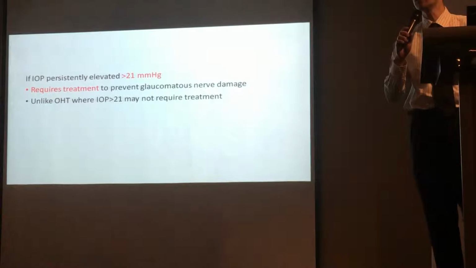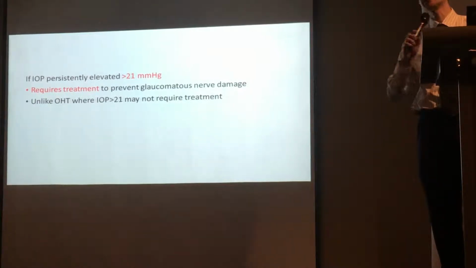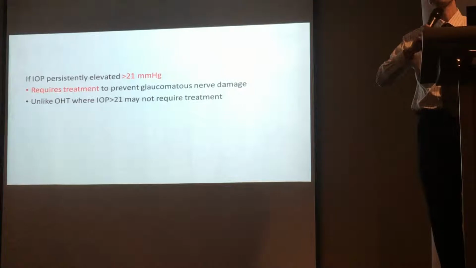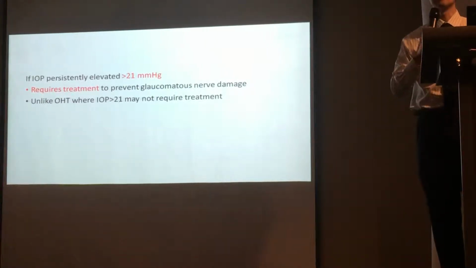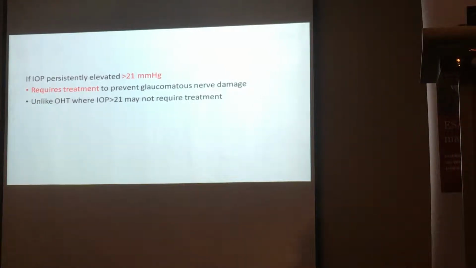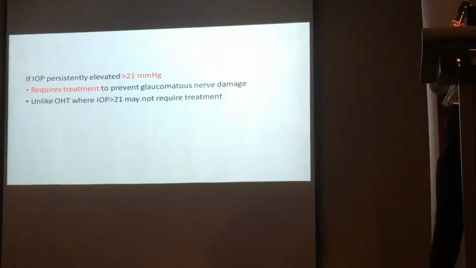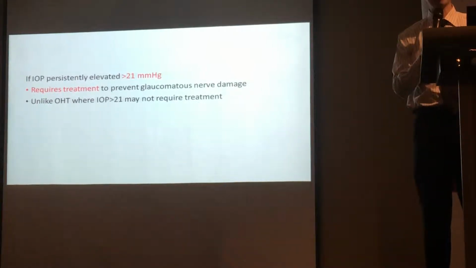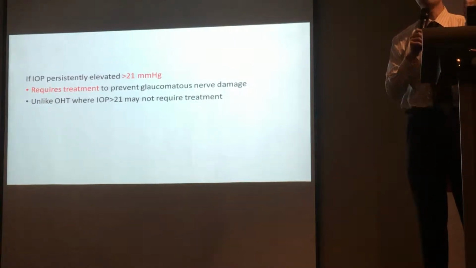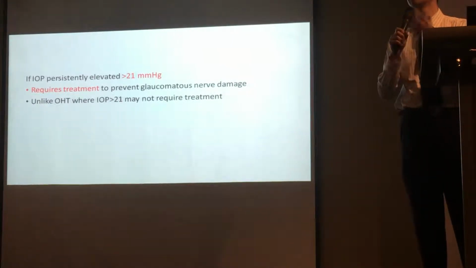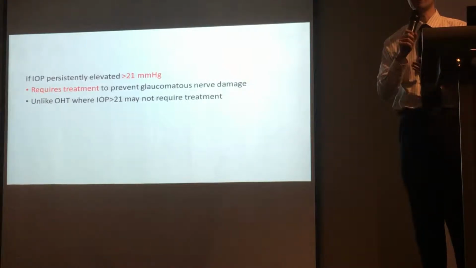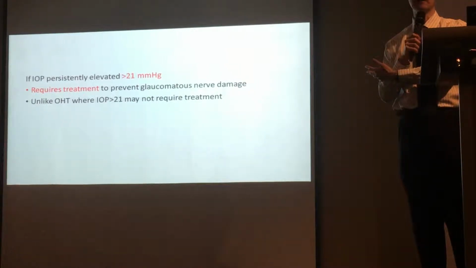So when you have a secondary cause for high eye pressure, like uveitis, like neovascular glaucoma, like steroid-induced glaucoma, like sublux lens kind of thing, if the pressure is high, it must be addressed. This is quite different from ocular hypertension. Ocular hypertension has to be defined where it is high eye pressure, the nerve appears normal, all the other investigations are normal, and there is no secondary cause for high eye pressure, like all those things which we mentioned earlier.